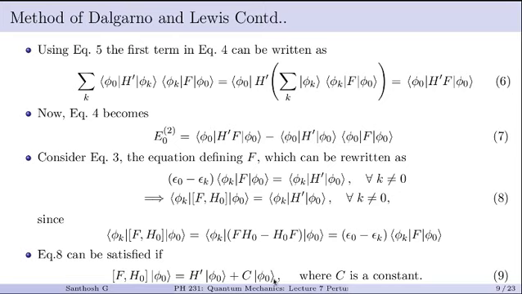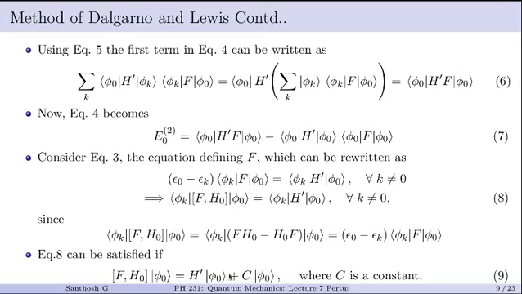Now k is not equal to 0, and therefore inner product of phi k with phi 0 is 0. And therefore the right hand side of this equation, when we take inner product with phi k, is equal to inner product of phi k with h dash phi 0, which is exactly the same as the right hand side of 8 for all k not equal to 0. And therefore this particular form is a solution to the equation given by equation number 8.